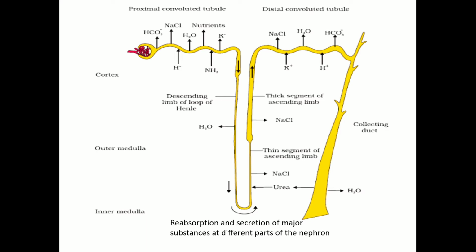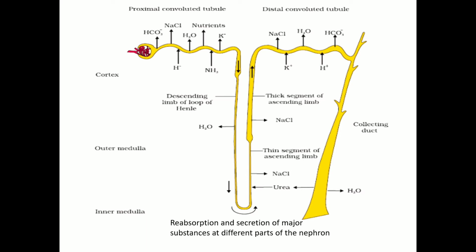The proximal convoluted tubule also helps to maintain the pH and ionic balance of the body fluids by selective secretion of hydrogen ions, ammonia and potassium ions into the filtrate and by absorption of HCO3 negative ions from it.